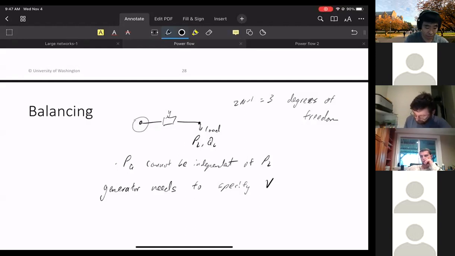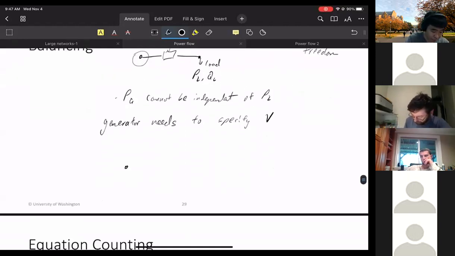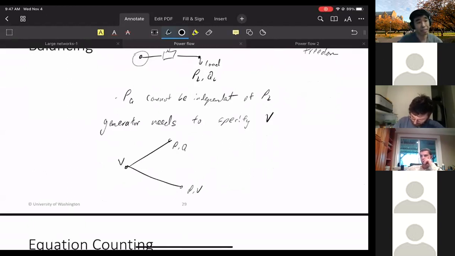Right, so we can look at a similar situation. Let's say I have a 3 bus network. This can be PQ, this can be PV, right? It's possible. But then this last one, I can only specify one piece of information, which is the voltage. So this is what happens for a power system.